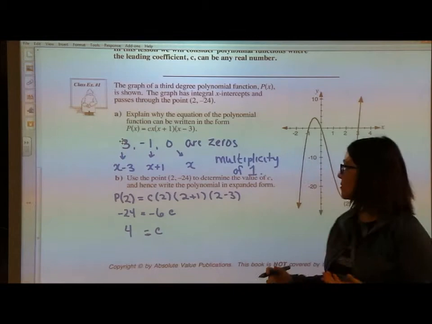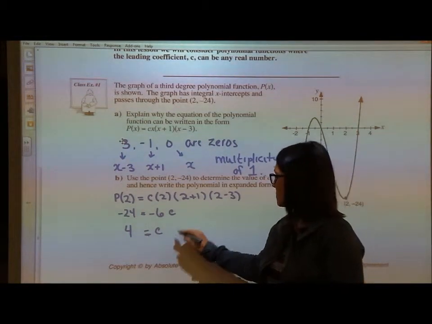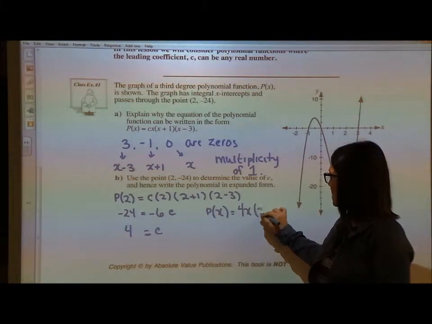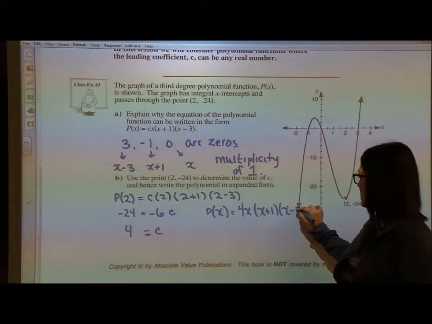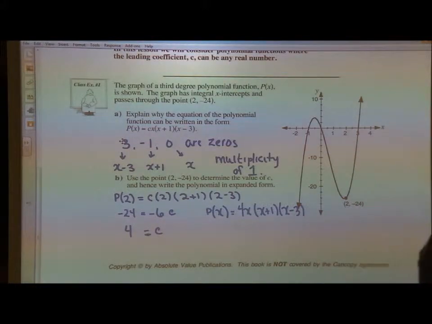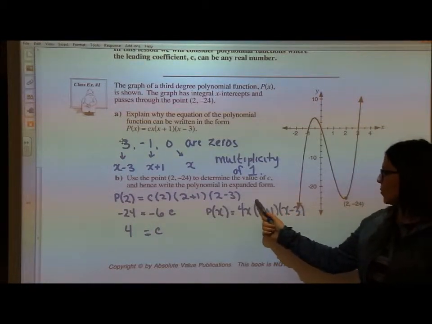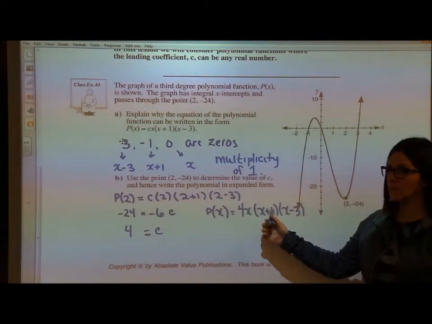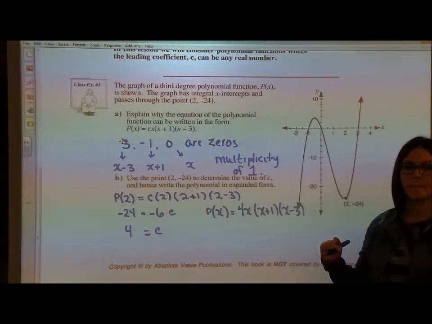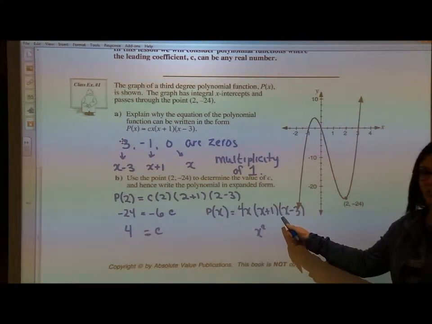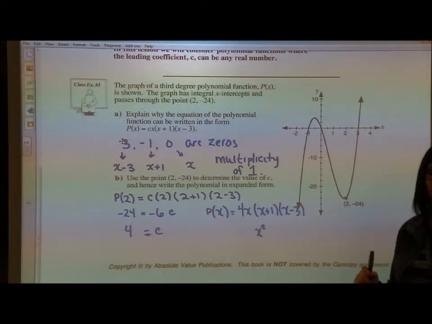So then my factored polynomial function would be 4 times x plus 1 times x minus 3. Now, if I expand this, because the question says write it in expanded form, I'm going to start off by multiplying these two binomials together. So x times x is x squared, and then I have x times negative 3, which is negative 3x. 1 times x is x.